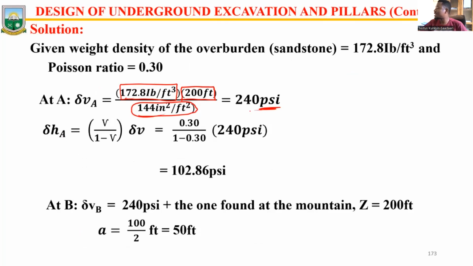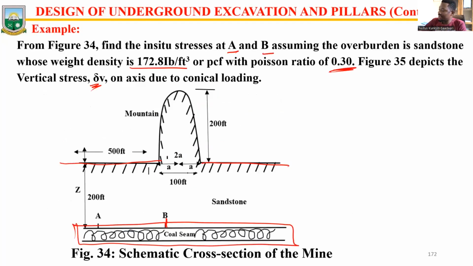Once we get this value, the corresponding horizontal stress is going to be the Poisson ratio expression, times the 240 PSI. And then we get this, and that becomes the stress.